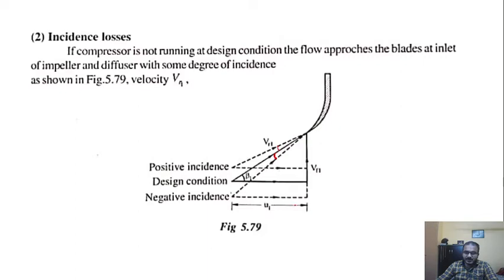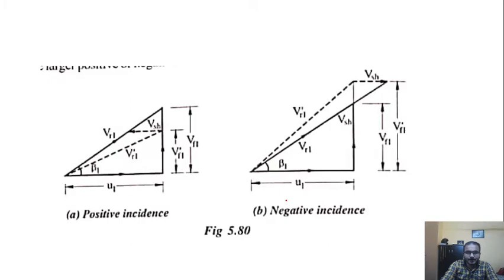For a given blade speed, this incidence will affect the relative speed and the flow velocity, and we will see them here one by one. So let's first discuss the case of positive incidence.